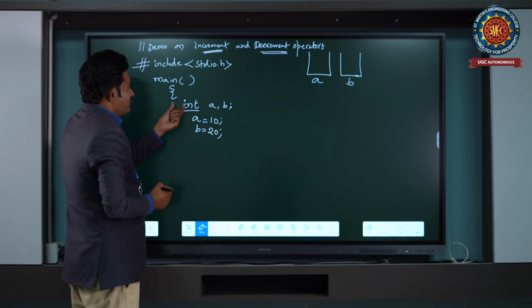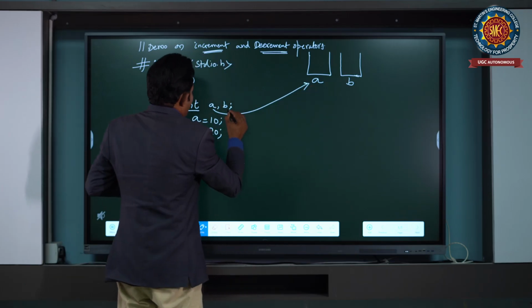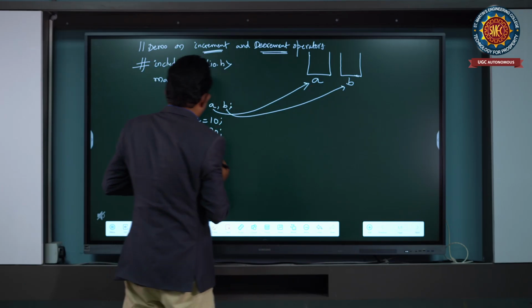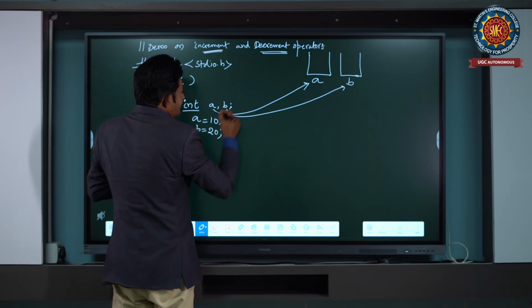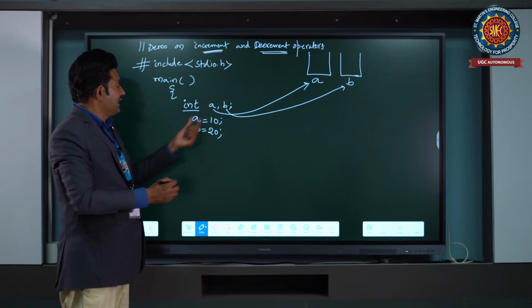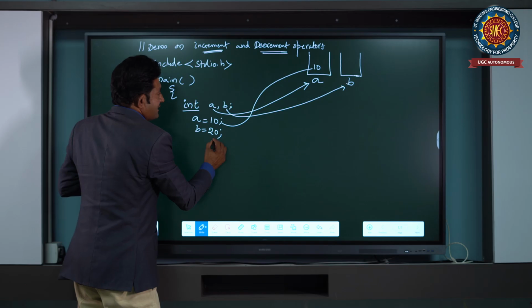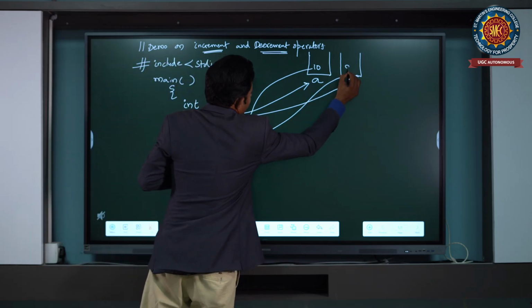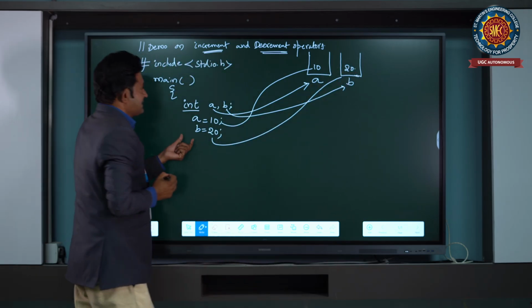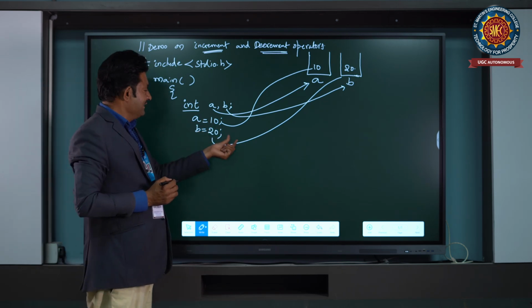So one variable is a and another variable is b, each holding its value. Initially, a is equal to 10, so this value is stored in this place. b is equal to 20, and 20 is stored here. Up to this point, two variables are declared and two values are assigned.